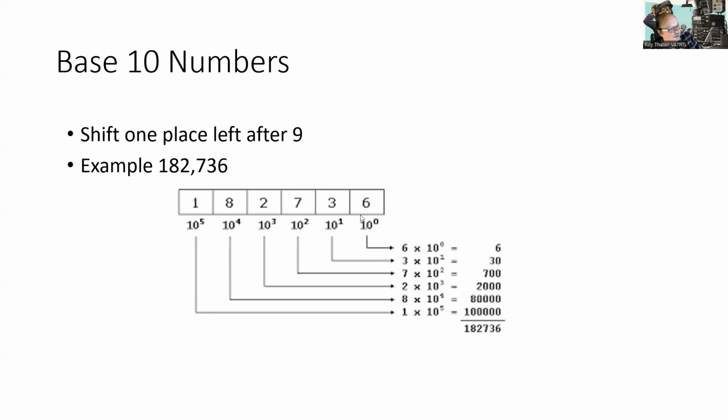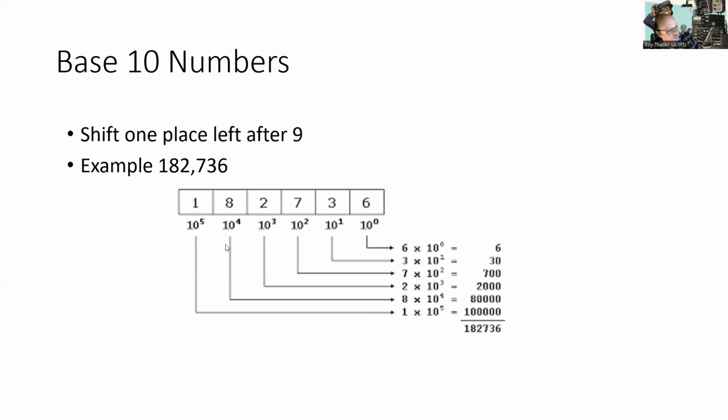So when you look at this number here, let's say 182,736, if you were to write it out here, the first one would represent 10 to the 0, which is basically 1, then 10 to the 1, which is 10. 10 squared is 100. 10 cubed is here. 10 to the 4th is here. 10 to the 5th is here.